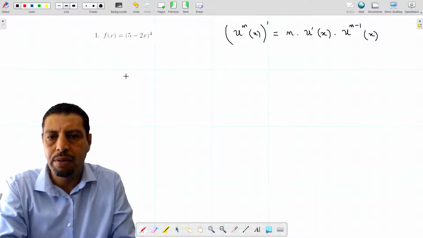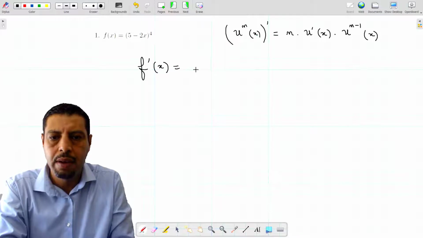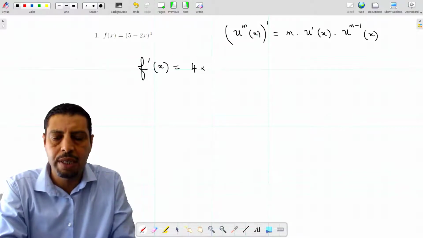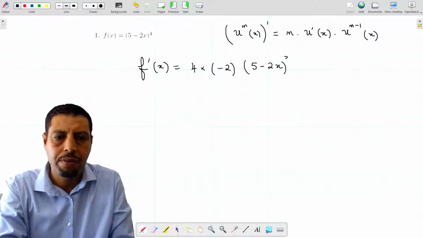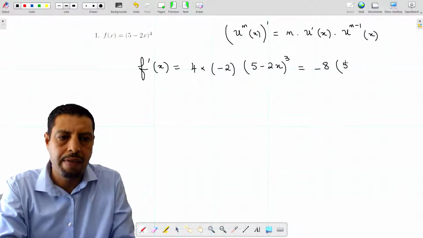So here, applied to this function, it gives f prime of x equals 4 times the derivative of 5 minus 2x, which is negative 2, times (5 minus 2x) to the power of 3. Of course, we can write it as negative 8 times (5 minus 2x) to the power of 3.